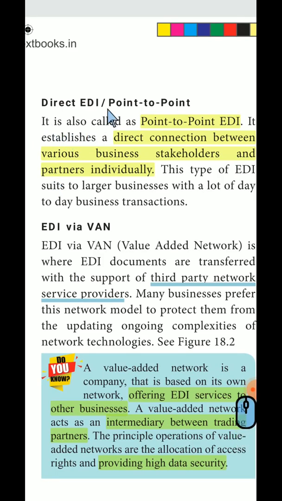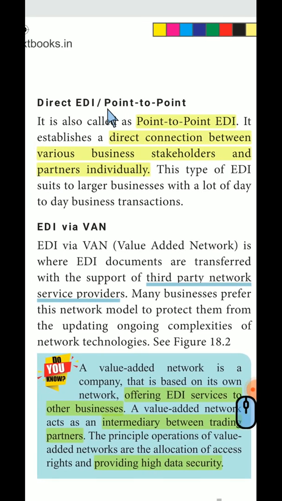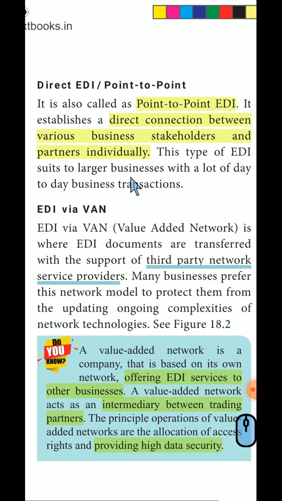It is also called point-to-point EDI, and here it establishes a direct connection between various business stakeholders and the partners individually. It is mainly used for larger businesses with a lot of day-to-day business transactions.